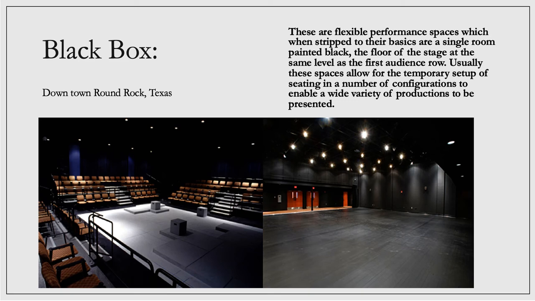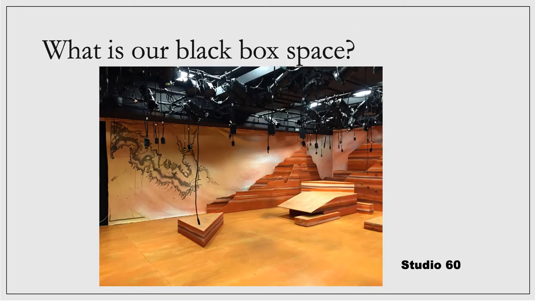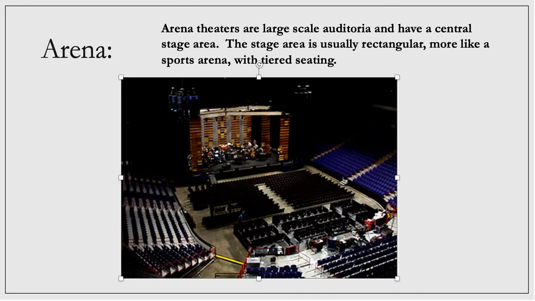You can also arrange a black box space to be a thrust arrangement where you have audience on three sides. At Michigan State University, our flexible black box space is the Studio 60 theater space, which is located in the auditorium building.